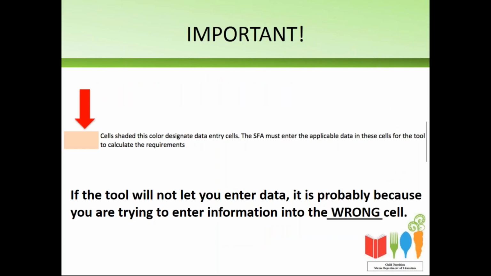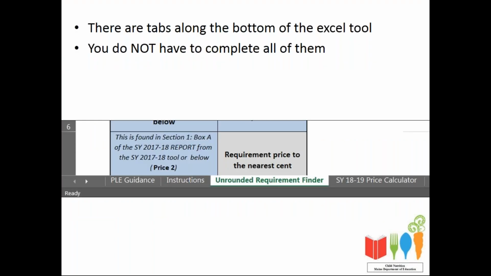It is important to note that the worksheet is formatted so that a district may only enter information in the peach shaded cells. As data is entered, formulas populate the appropriate white cells with the necessary information. The worksheet has multiple tabs along the bottom.